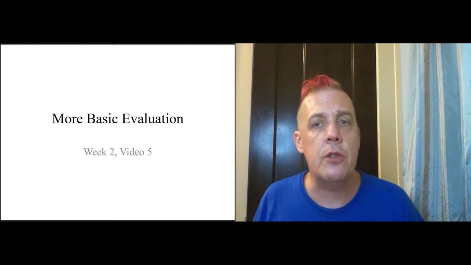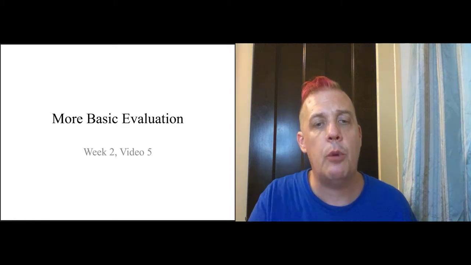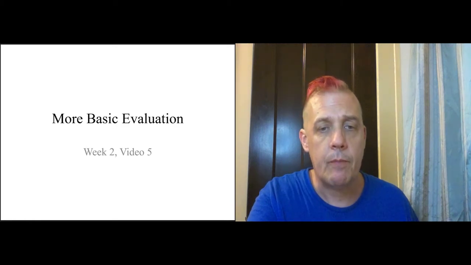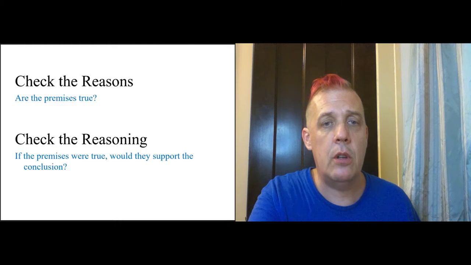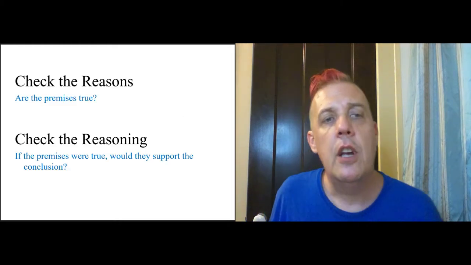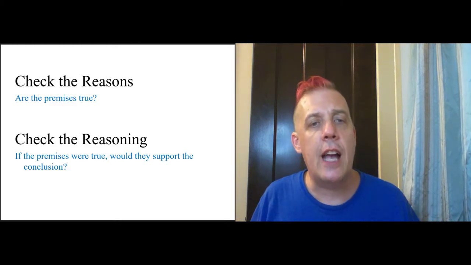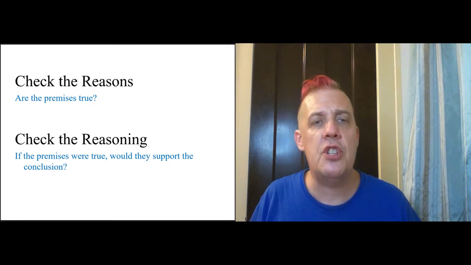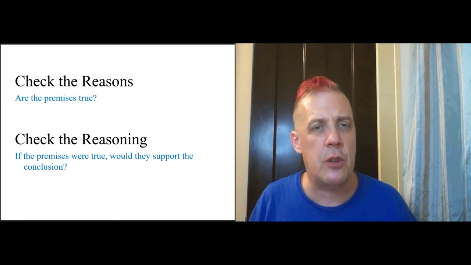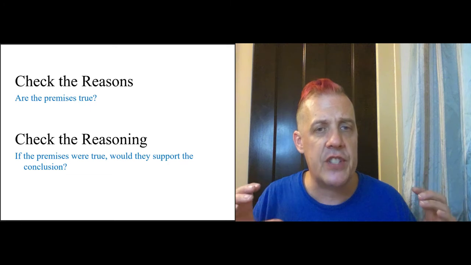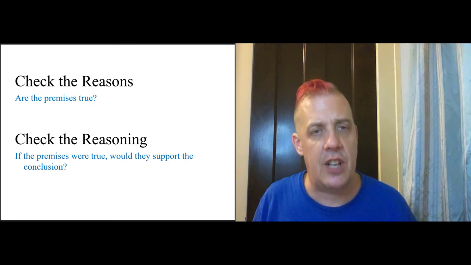We also introduced some basic ideas about how to evaluate arguments, and that's where I want to pick up here. So in general, we said that whenever you encounter an argument, there are 2 checks you should run. There are 2 things you can look for. You want to check the reasons and you want to check the reasoning.